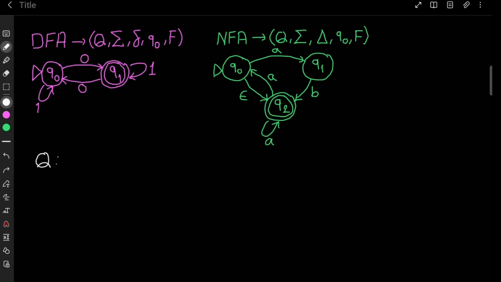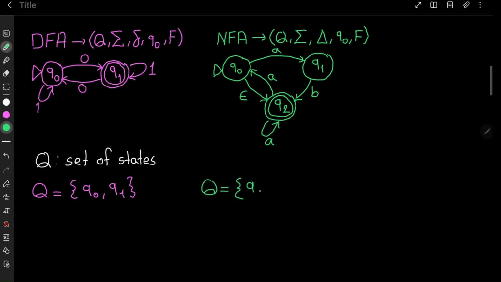Q stands for the set of states. So for DFA, Q is Q0 and Q1, and for NFA, Q is Q0, Q1, and Q2.